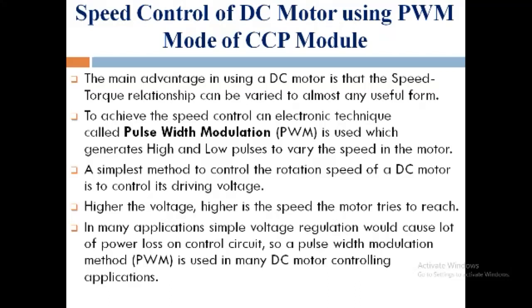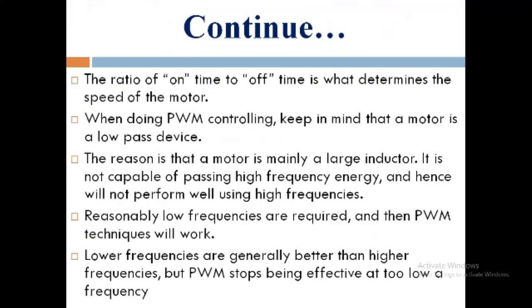In many applications, simple voltage regulation would cause a lot of power loss in the control circuit, so a pulse width modulation method, PWM, is used in many DC motor controlling applications. The ratio of on time to off time is what determines the speed of the motor.